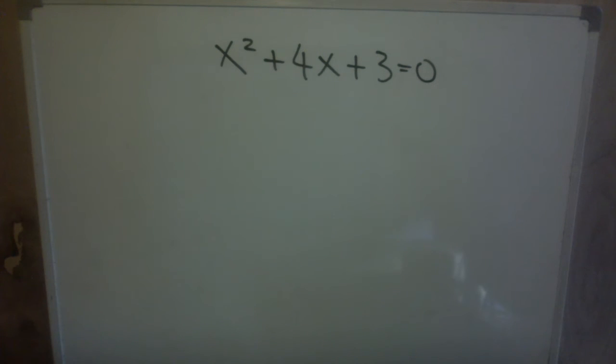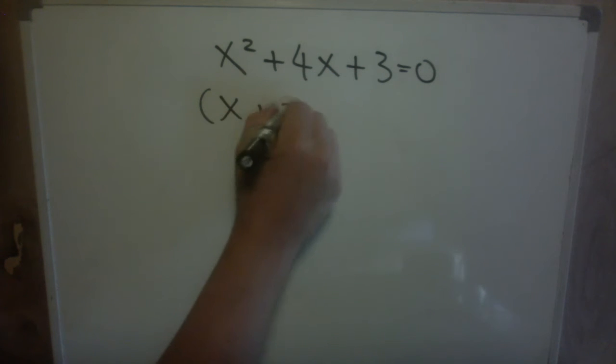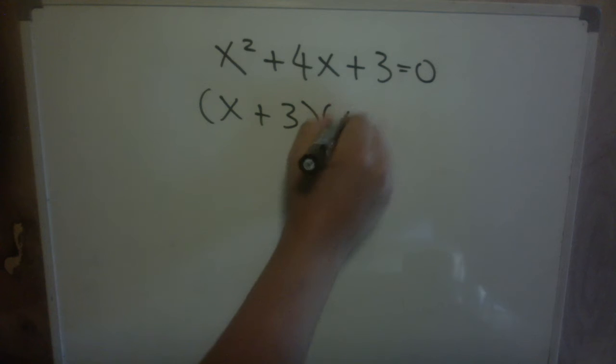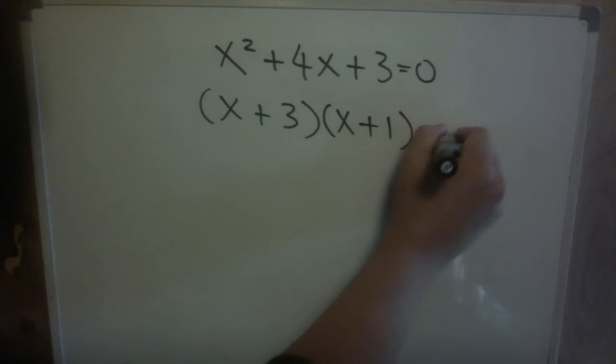The first thing you do is you factor the left-hand side, x squared plus 4x plus 3. So this can be factored as x plus 3 times x plus 1. And the right-hand side is equal to 0.